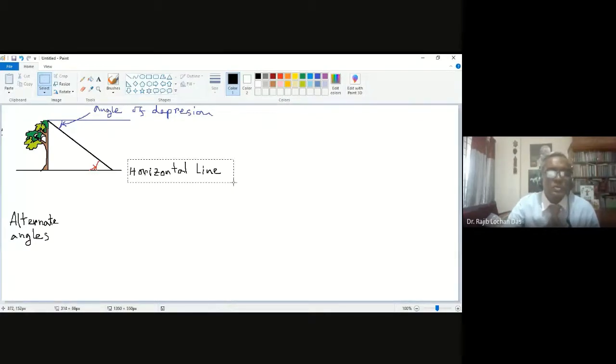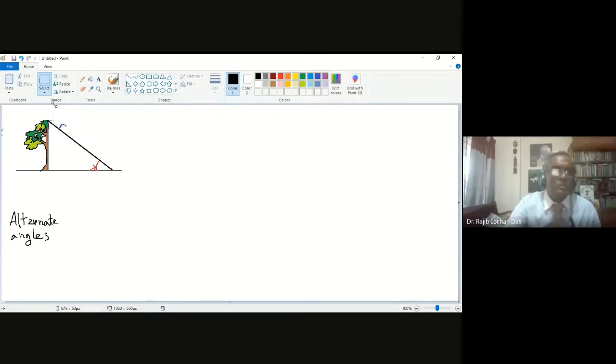So this is called the ground. I'm not giving the angle of depression in this problem. I'm giving a question, so in the question I will give you the angle of elevation. I'm writing the question here.